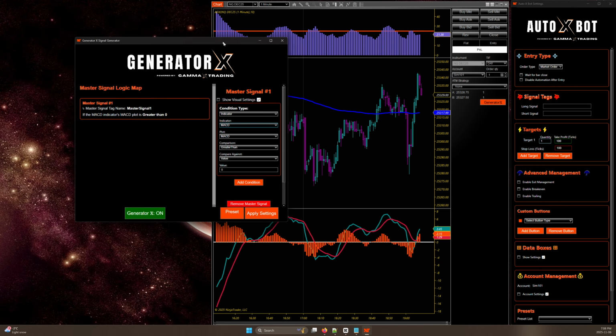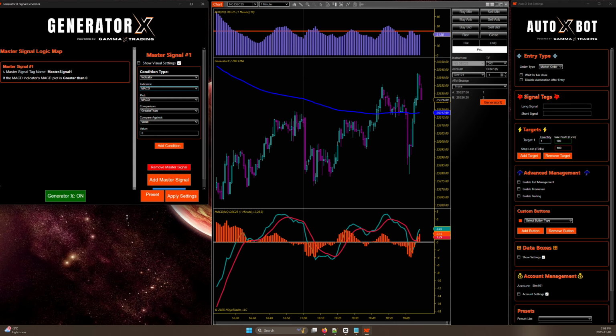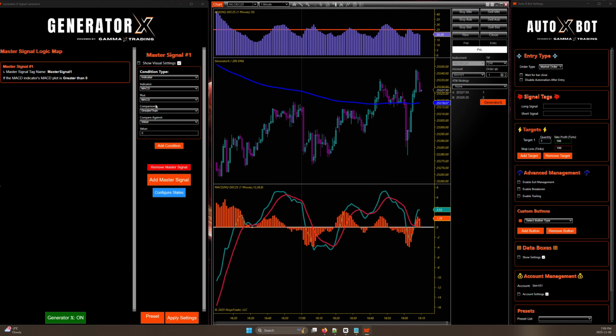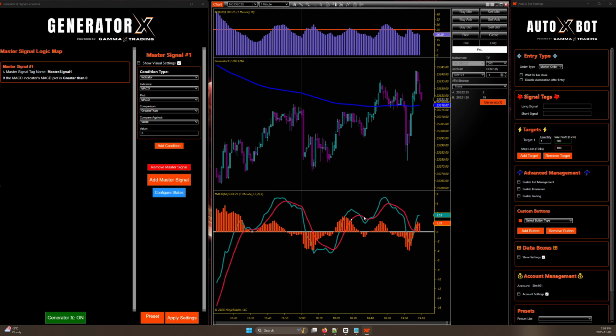So we got MACD pops up because we got the MACD. It's just a normal MACD, and then let's say you want to do like a crossover strategy, like a MACD cross. This is what I've been playing with. And so what I would do is you gotta know the names of the lines.